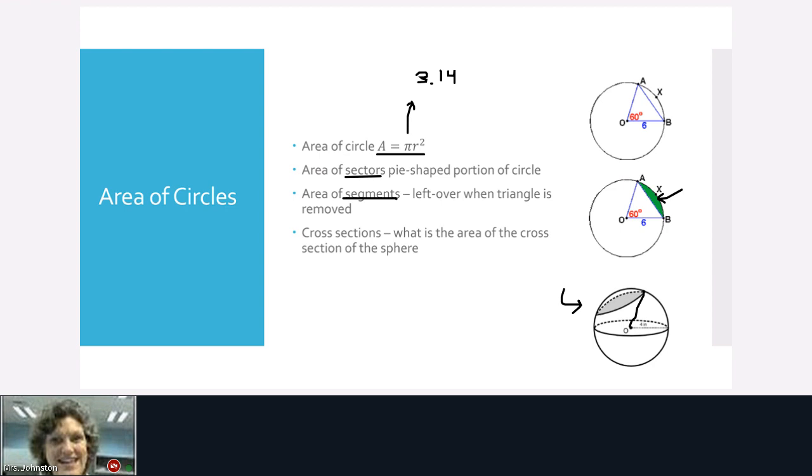And if we knew the angle, we could actually find the length of the diameter of this cross section. Let me draw that in for you, and calculate the area of that circular shape. So with just a little bit of information, you could calculate the area of that cross section of the sphere.